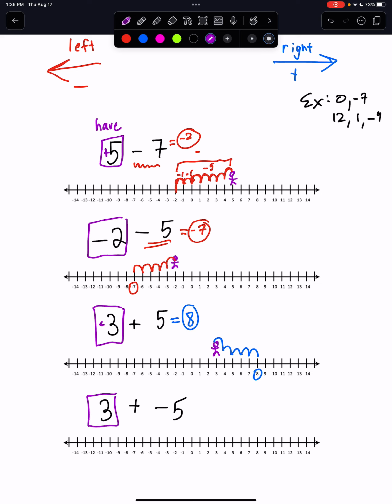Okay, so now where are we starting? We're starting out at 3 again. Again, that's 3 to the right of 0. Now this one is meant to look a little bit weird and interesting. Think of the plus sign as an and. We have 3 and -5. So another way of saying that is this is equivalent to 3 minus 5. 3 plus -5 is the same thing as 3 minus 5 if you think of the plus sign as an and.